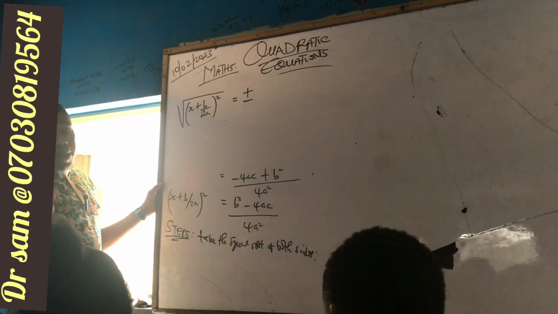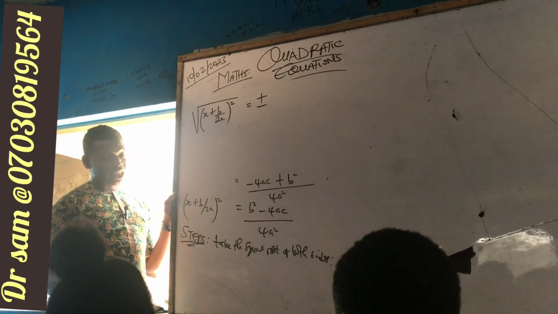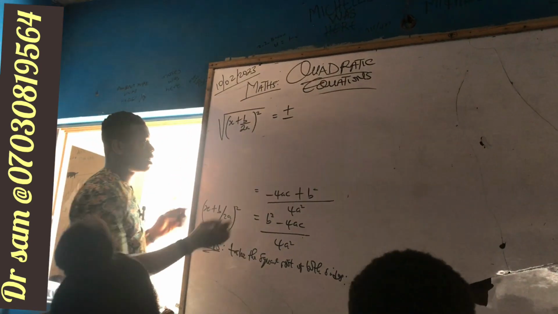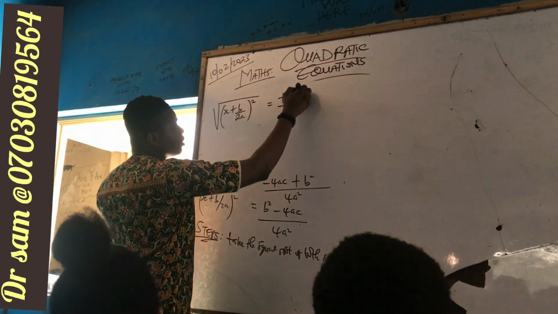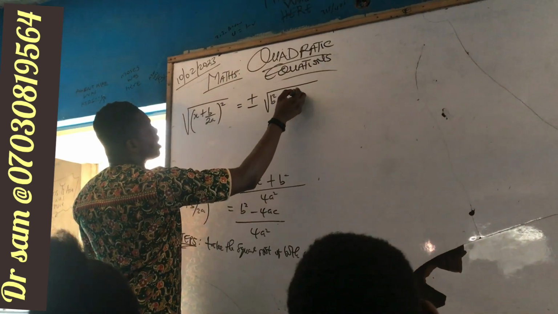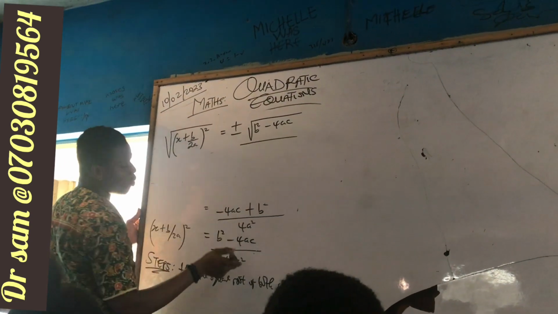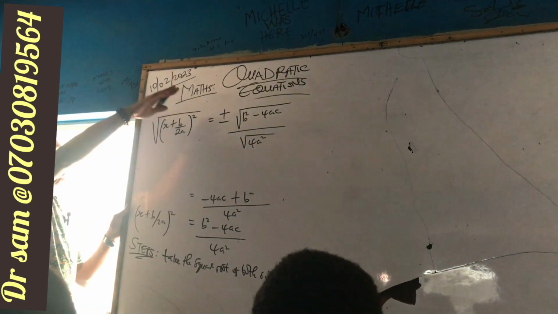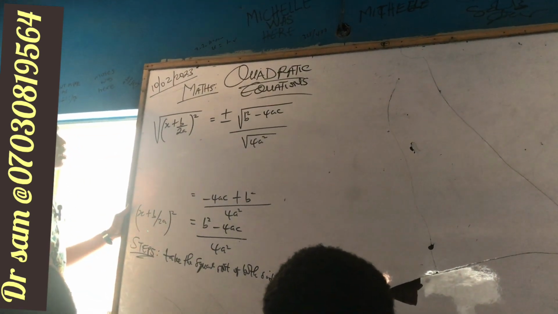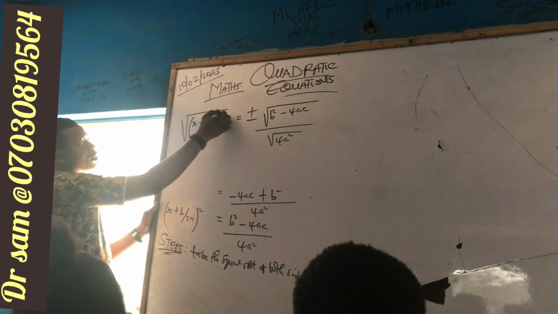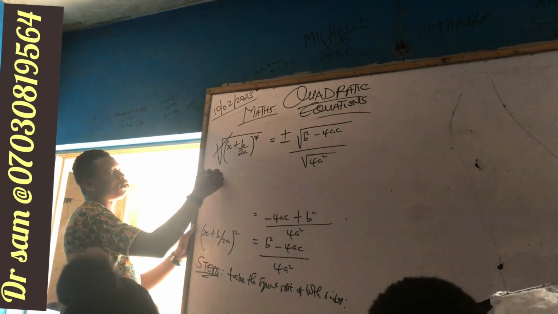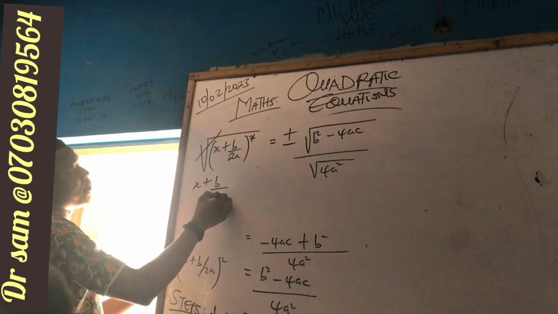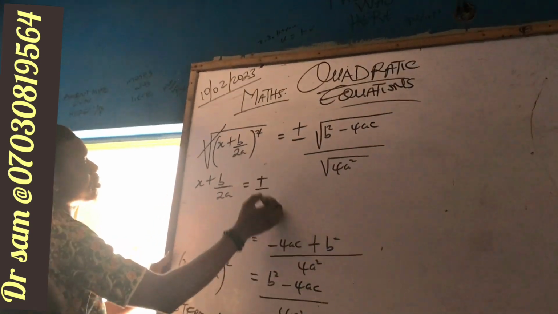So we can have either a positive root or a negative root. Then we continue with the square root. Numerator we have the square root of b squared minus 4ac. Denominator we have the square root of 4a squared. We cancel out the square root and square. We are left with x plus b over 2a equal to plus or minus.